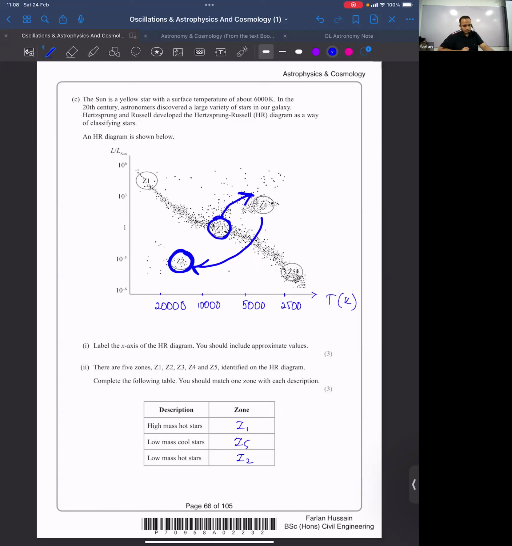The star will become a white dwarf and enter zone Z2.